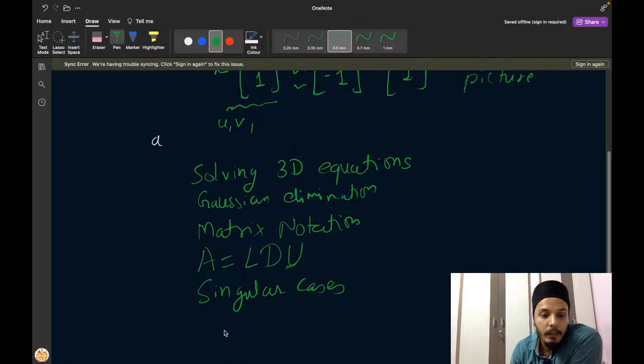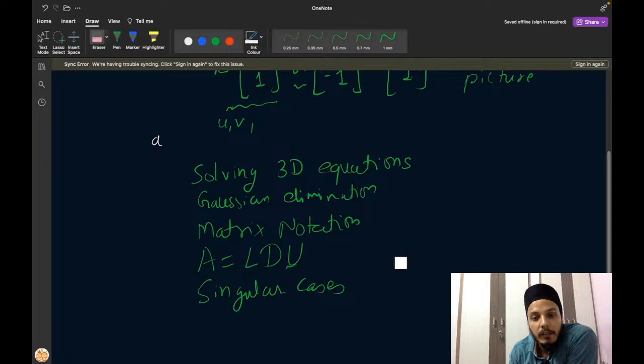And then in a different module, we will see what vector spaces are, what orthogonality is, what determinants mean, and all other things that are useful in linear algebra.